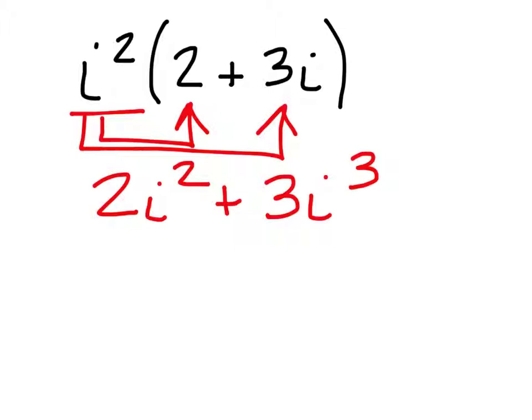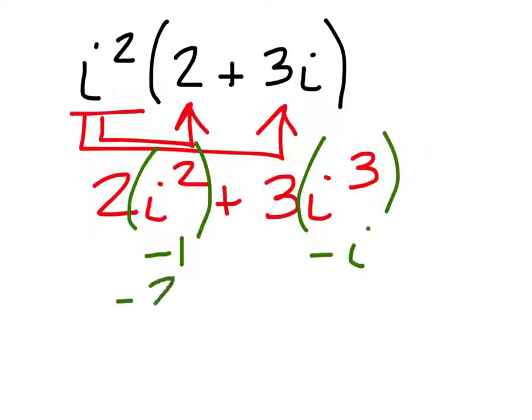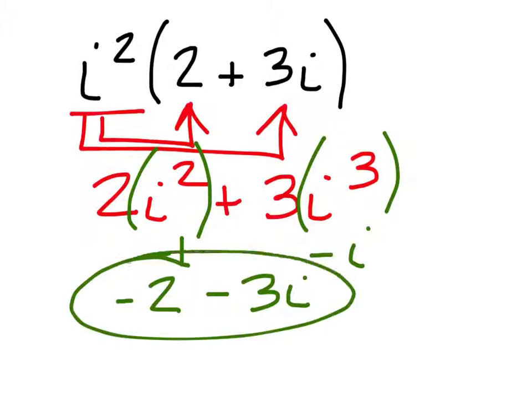You have i squared, and then this is i to the first. So 1 and 2 will make 3 right there. Alright, then simplify. You have a negative 1 there, and i to the third is a negative i. So you really have a negative 2 minus 3i once you do the multiplications. And this will be your final answer since it's in this form, a plus bi.